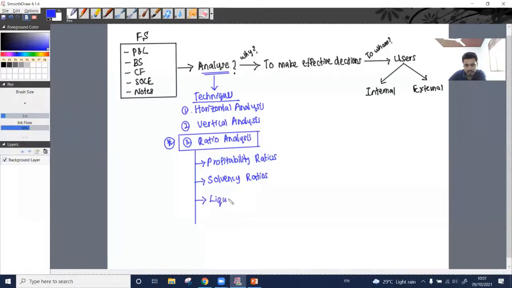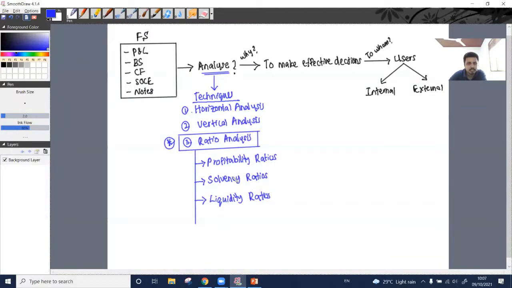We have liquidity ratios. Examples: there are 2 most popular ones, current ratio and quick ratio. Those come under liquidity ratios. It means how quickly we can pay off debts. See the difference?